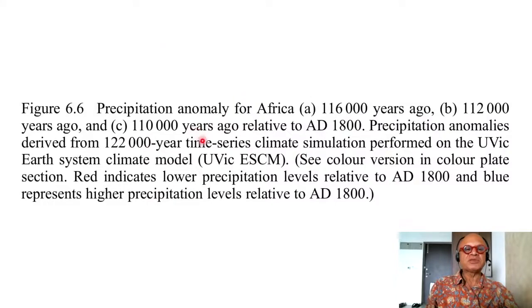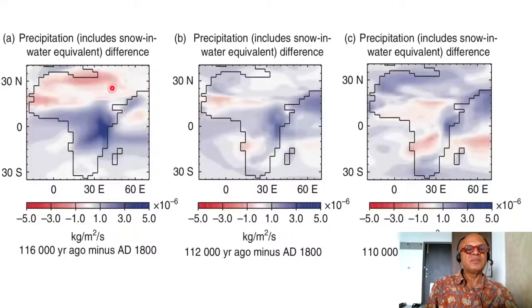So looking at the precipitation anomaly for Africa then at 116 and 112,000 and 110,000 years ago, you can see that there are increases in these regions and decreases in these regions. Obviously, these are differences, so you have to be careful about how dry it was in an absolute sense.